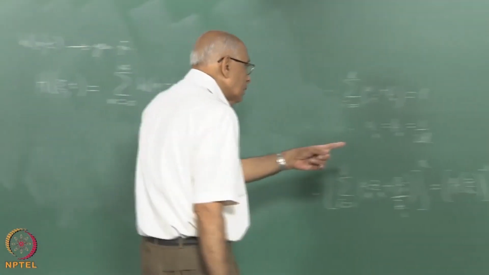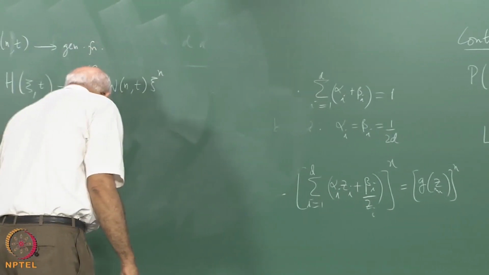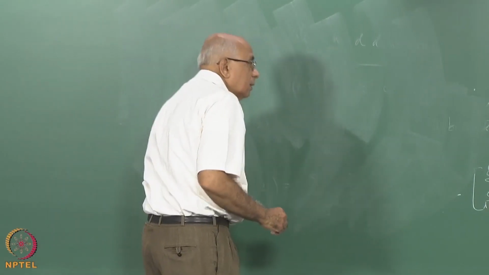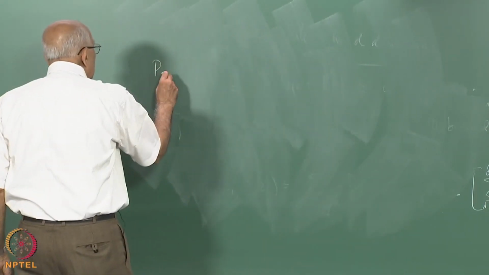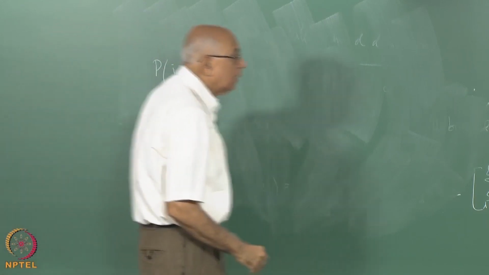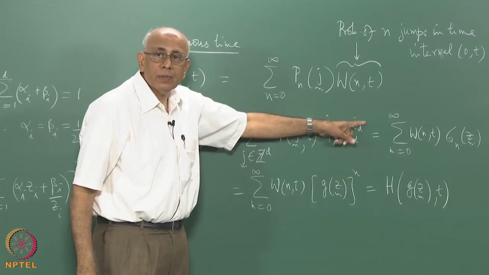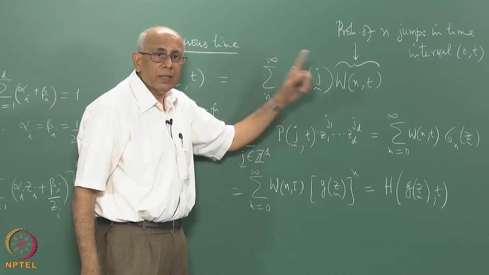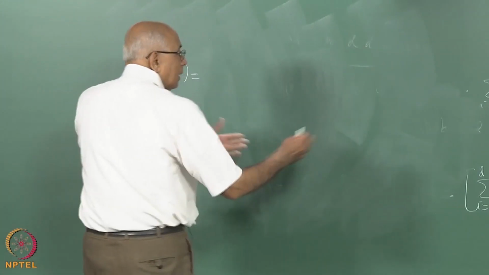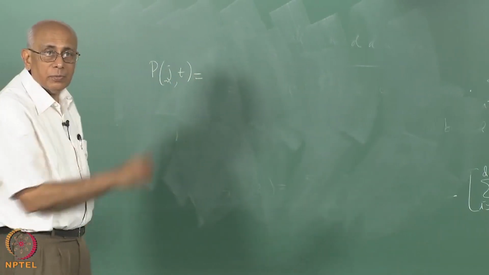So once you have this L, which is this crazy power series in multiple variables, formally we can write what its inversion is. So p of j comma t is equal to the coefficient of z1 to the j1, z2 to the j2, etc., till zd to the power jd. And the moment you have an expansion of this kind, it is a Laurent expansion, because there are positive and negative powers of each z.